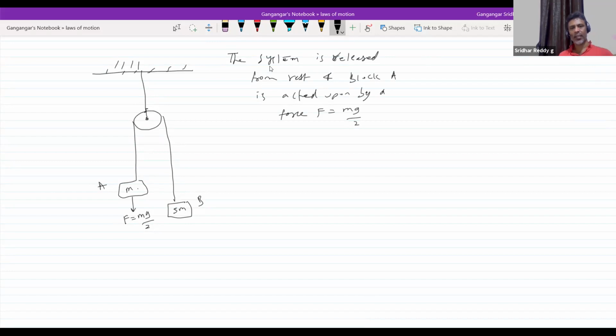He is asking now, what are the conditions? What is the acceleration of the blocks? Find the acceleration of the blocks.